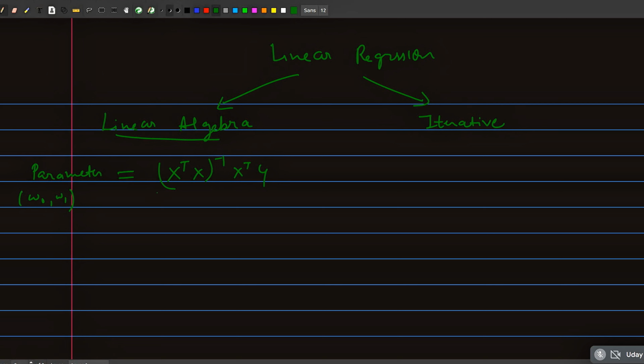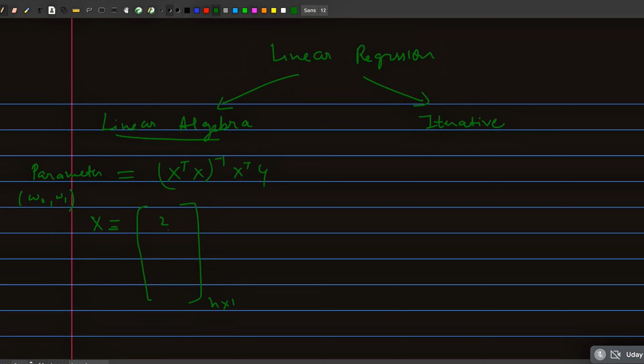Okay, so what I will tell is, what is x, what is y. So consider that x is a feature, a vector which contains the number of bedrooms for every data point. Let's say there are n data points, so it would be an n cross one vector.